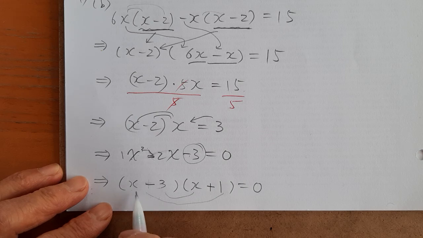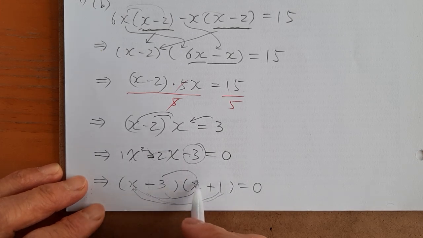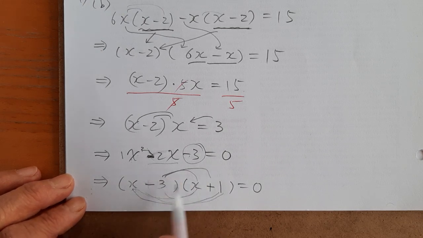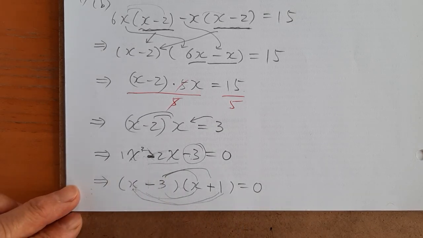And then you check it. First term product, x squared, x times x. Outer term product, positive 1x, minus 3x. Combined, it's minus 2x. And last term product, negative 3 times 1 is negative 3. So this is equivalent to the previous one.